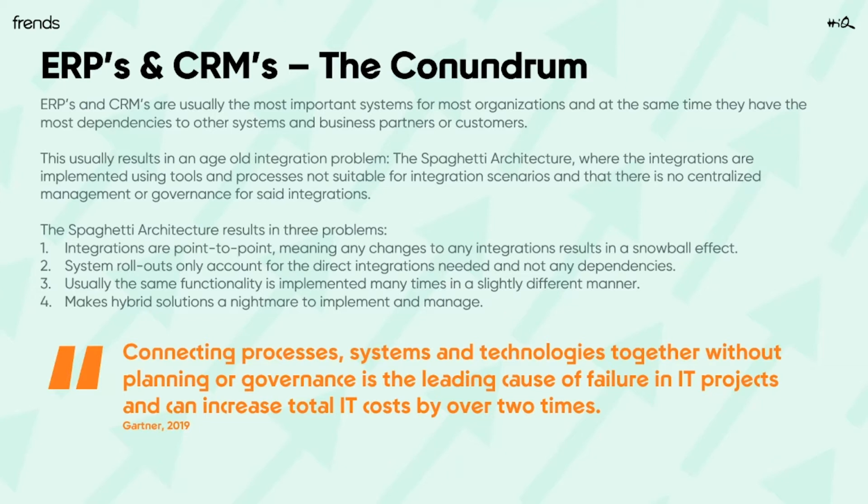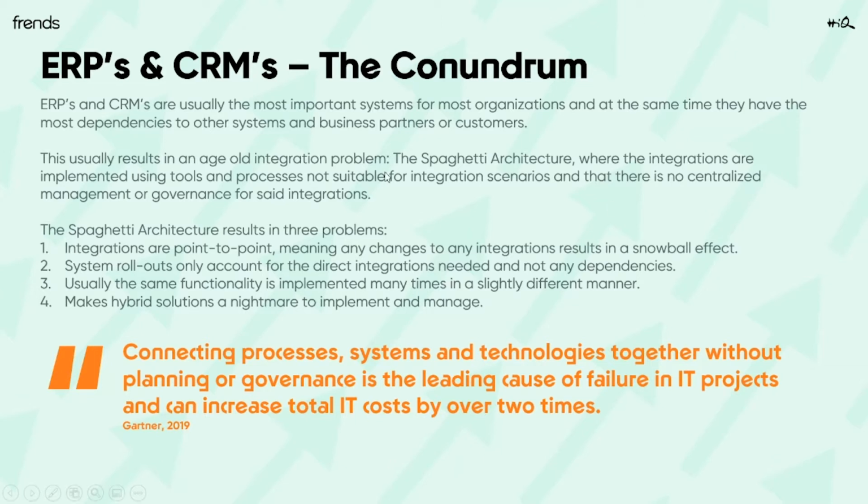But like I said, this results in quite a lot of problems from an architectural point of view, but also from the project rollout point of view. The main problems are listed in 3 or 4 main categories that I've highlighted here.